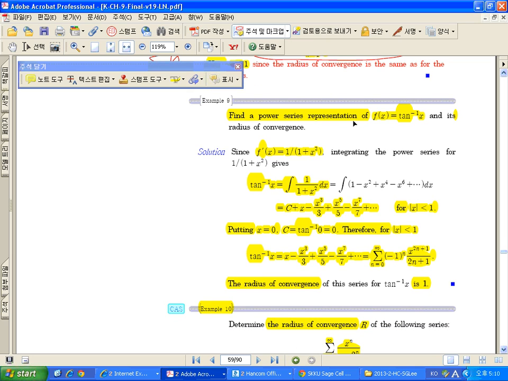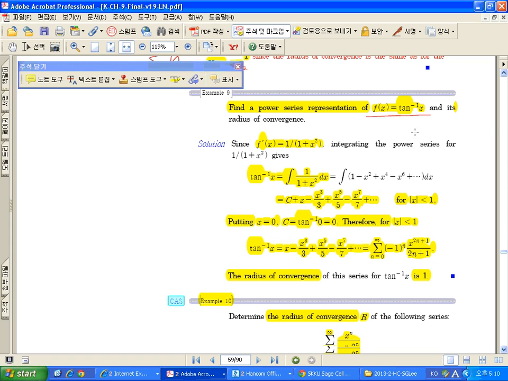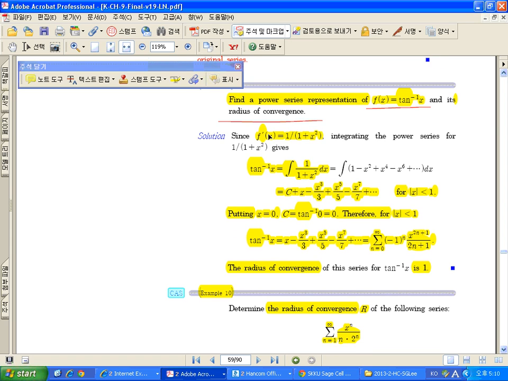Find the power series representation of f of x equal to arctangent x, and the radius of convergence. So f prime of x is like this. Then the arctangent of x can be obtained by the integral of this one, because the derivative of this one is this. So we just use the power series of 1 over 1 plus x squared to do the integration to get this one.